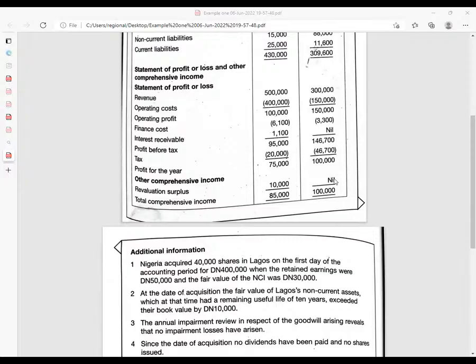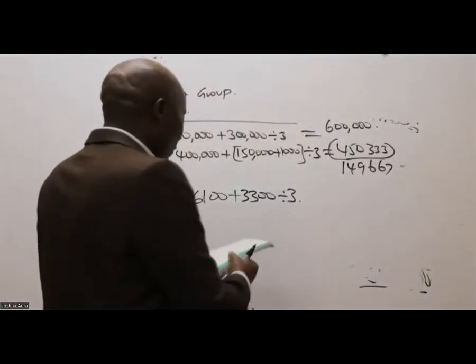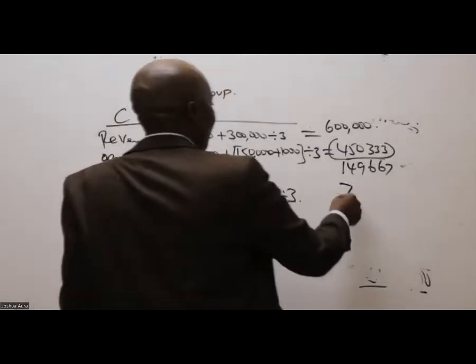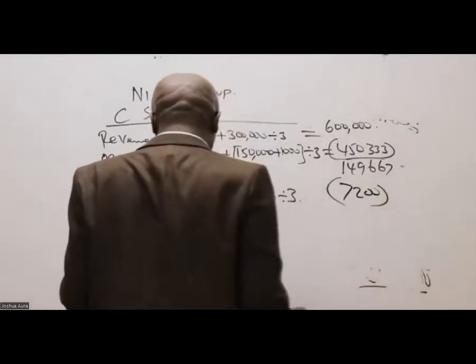But you see, this 3,300 has to be translated, so divided by the average rate, which is 3. Could you kindly give me this finance cost figure? Somebody? 7,200. I'm supposed to deduct that.